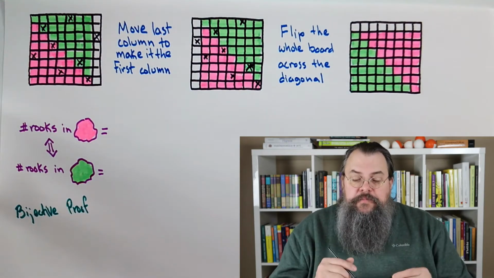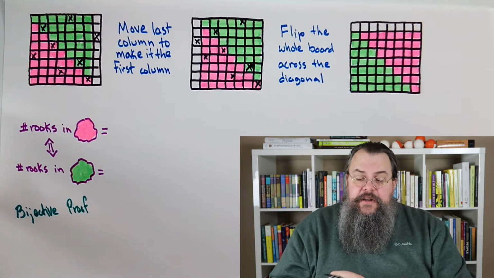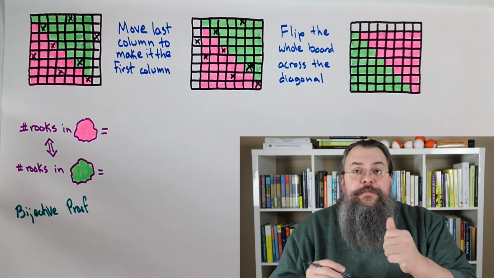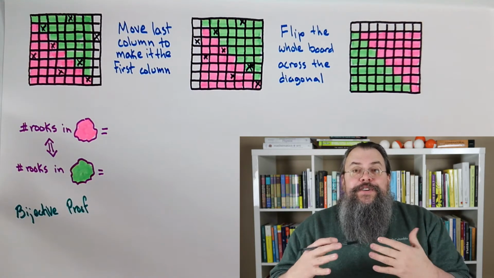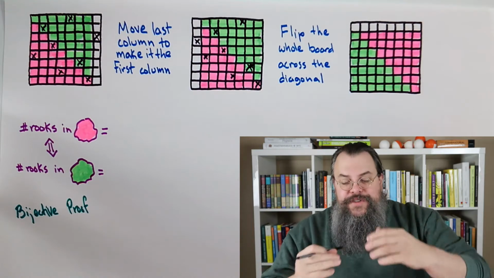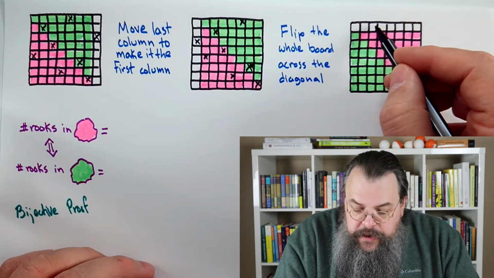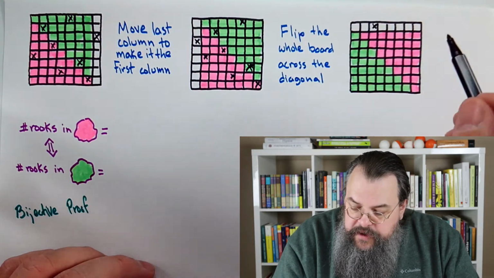So great, no problem. Now we flip, okay? And the key here is we only had one rook in each row and one rook in each column. Well, now you have one rook in each column and one rook in each row, because when you flip, the columns and the rows interchange. And so, lo and behold, we are going to be able to have a rook placement.